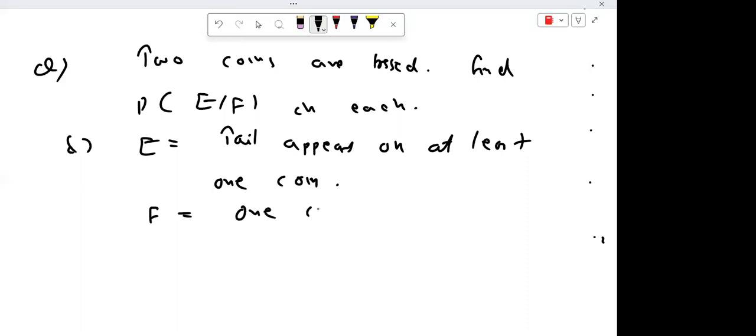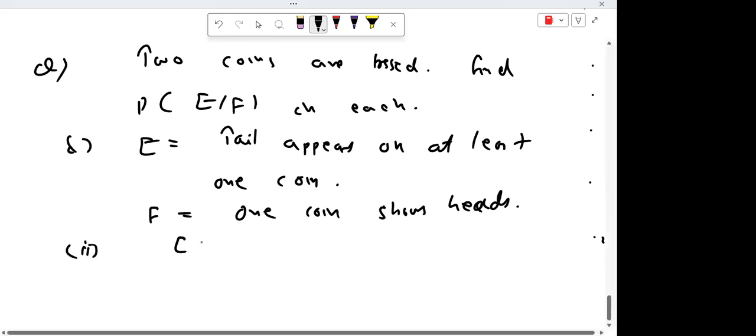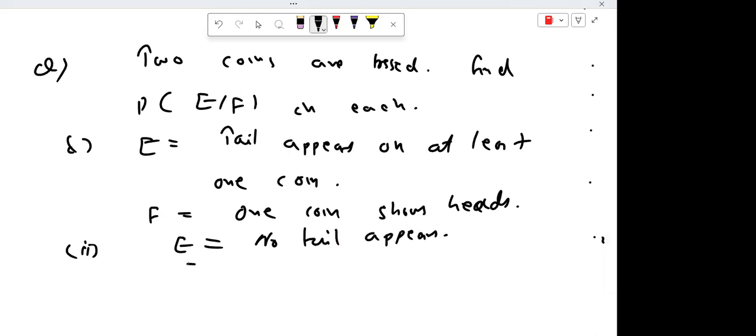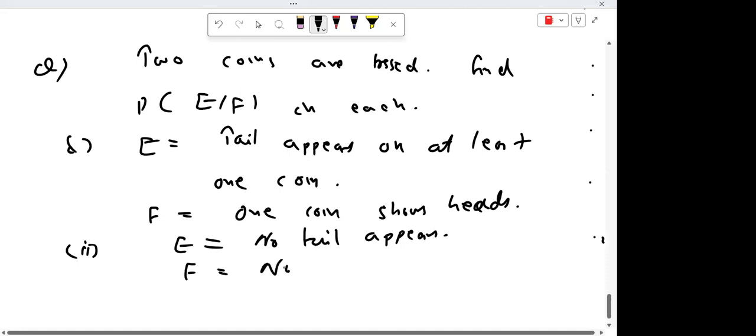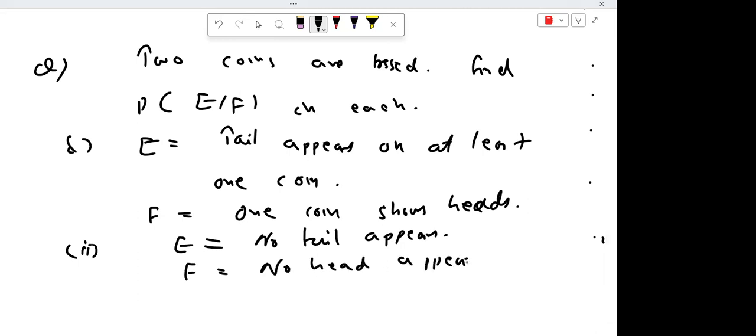F is one coin shows heads. Second one, E is no tail appears, and F is no head appears. Okay, we solve this. You have 2-3 minutes.